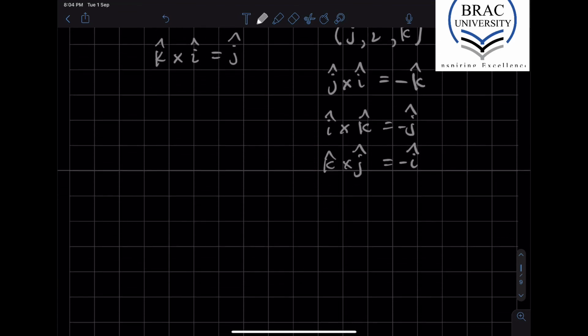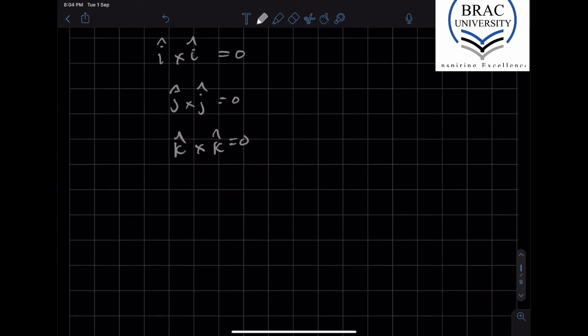In addition, i cross i will be 0, because there is no perpendicular and the area of the parallelogram is 0. Similarly, j cross j is 0, and k cross k is 0.